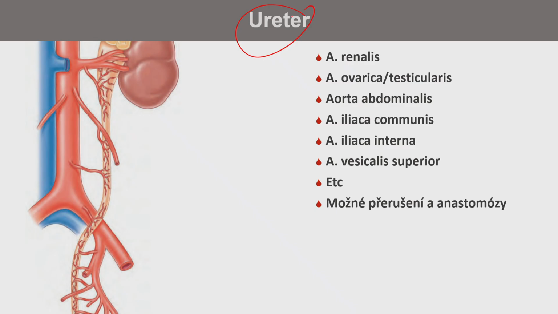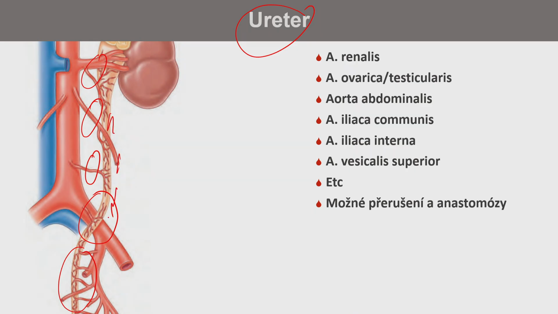Ureter. Ureter, vice versa to renal parenchyma, is supplied by many, many arteries. Renal, testicular, directly from aorta, from lumbar, from pelvic arteries, from internal iliac artery or branches of it. And on every stage, we have a plexus which is connected together.